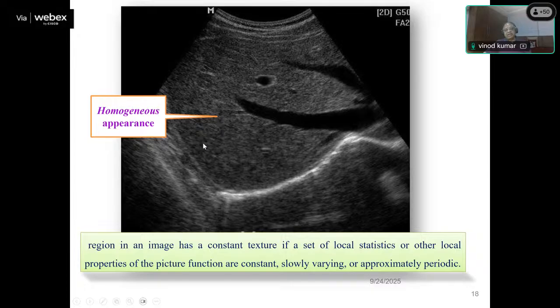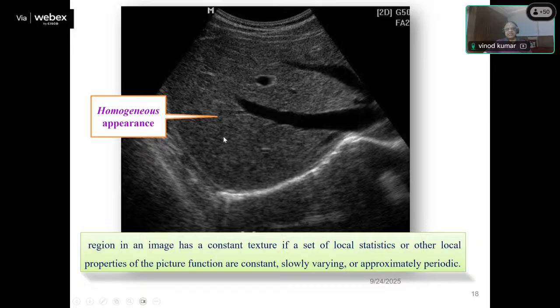So how do we calculate that this is homogeneous? If I take a patch of this and find the statistics, what is the average value, what is the standard deviation, maybe what is the kurtosis coefficient?